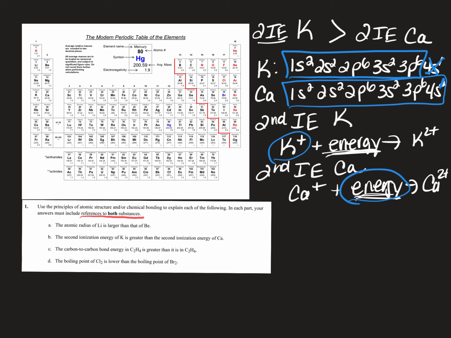The second electron removed from potassium atom comes from the third energy level, the inner core, and the second electron removed from a calcium comes from the fourth energy level, which is the valence level. The electrons in the third level are closer to the nucleus, so the attraction is much greater than for electrons in the fourth energy level. Okay, so those were the 2 points that they were looking for in that question.